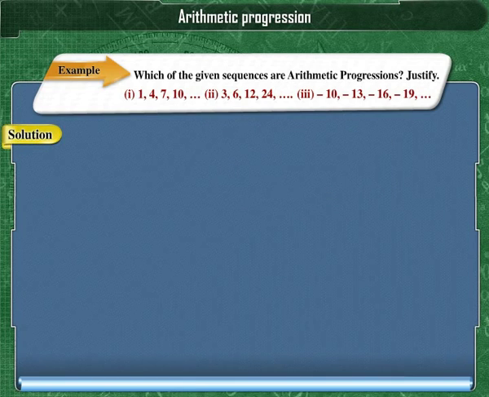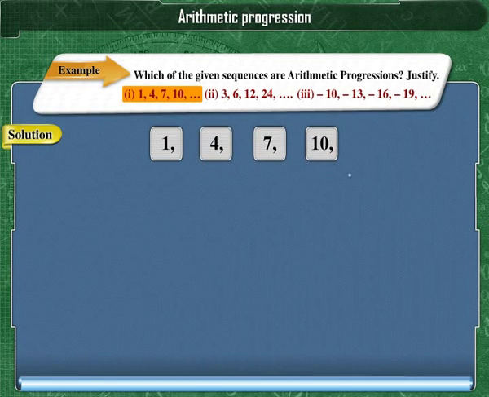The first sequence is 1, 4, 7, 10 and so on. In this sequence, the first term T1 is 1. The second term T2 is 4. The third term T3 is 7. The fourth term T4 is 10, and so on.